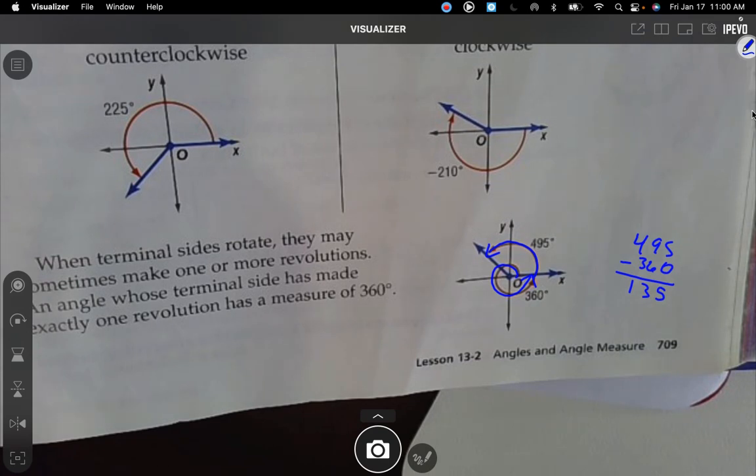So you went past it. Yeah, you did a whole circle and then 135 more. Is that really an angle? That's called a coterminal angle. 135 degrees and 495 degrees are coterminal. We haven't learned that yet. We're about to.